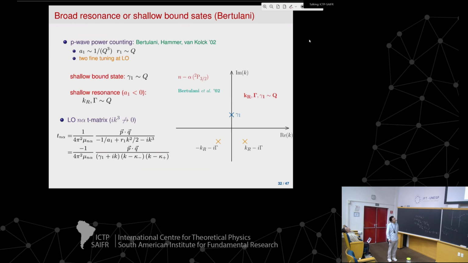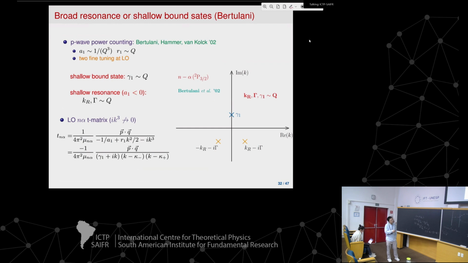So let's talk about the consequences of using these different power countings. If you use the power counting by Bertulani, Hammer, and Van Kolck, where A1 is of the order Q to the -3 and R1 is of the order Q, you can draw the picture of the position of the poles for these T matrices. You will find that you will have a low energy bound state pole plus a resonant pole.